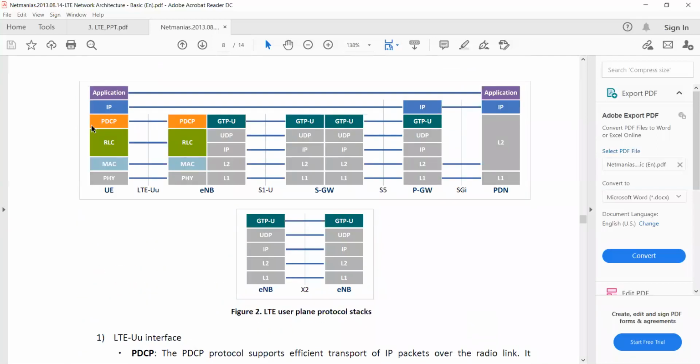Once UE connects to the network, if default bearer is established, one bearer will be allocated to UE. So from that, data flow will happen. Data flow happens with this protocol level: application, IP, PDCP, RLC, MAC, PHY. Downlink data will flow like this.